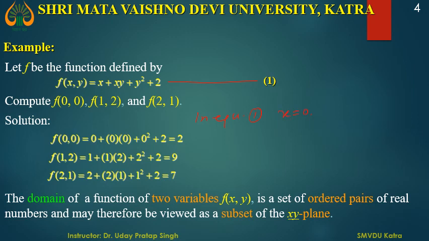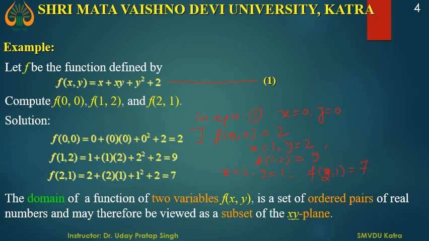Putting x equal to 0 and y equal to 0, we get f of 0, 0 is equal to 2. And for x equal to 1 and y equal to 2, f of 1, 2 is 9. And for x equal to 2 and y equal to 1, f of 2, 1 is equal to 7.